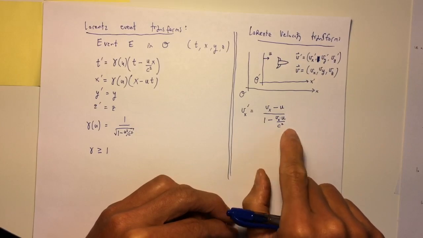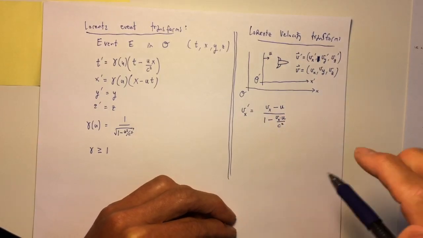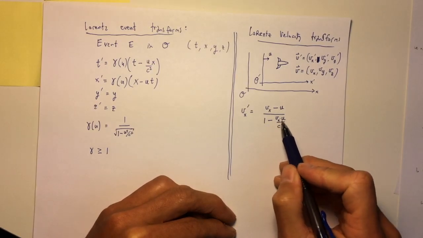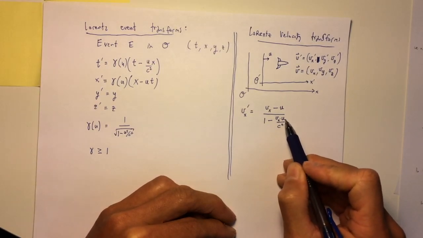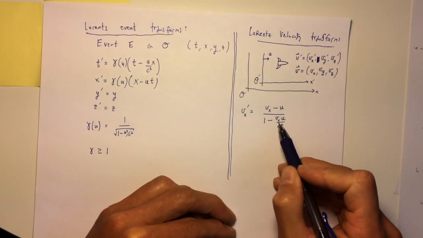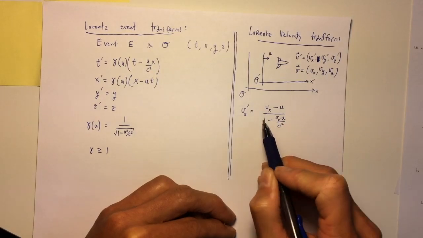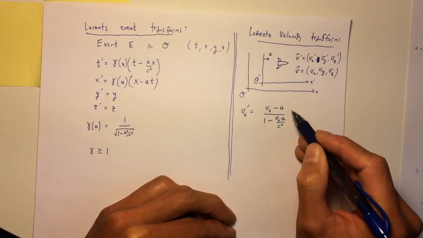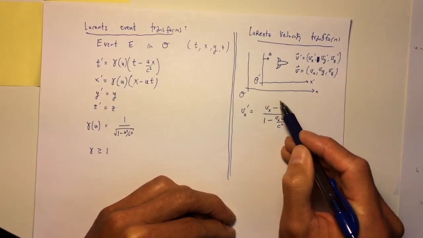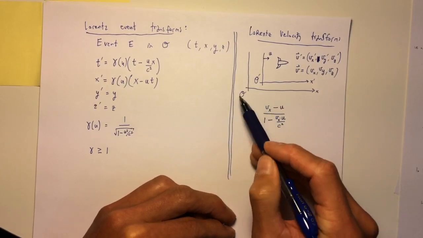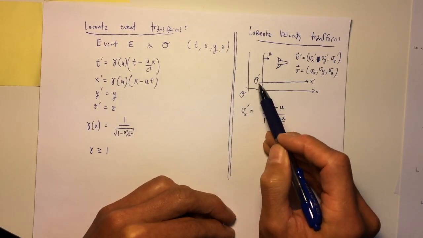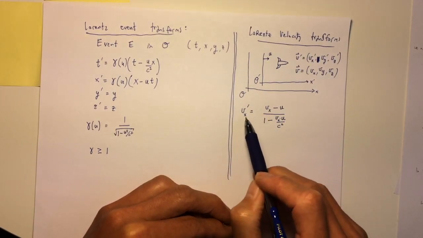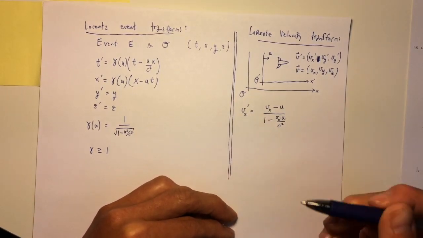You can see that this kind of looks like a gamma factor, but it's not. It's got this mixture of some speeds. One is the relative frame motion, and the other is the speed as measured by O. So everything in here is stuff measured by O, and this mixture of that stuff measured by O can give you a prediction for what O prime will measure as the x component of the velocity.